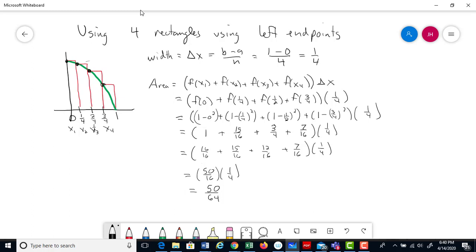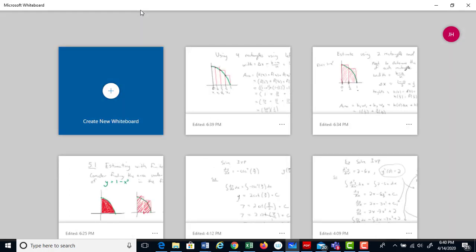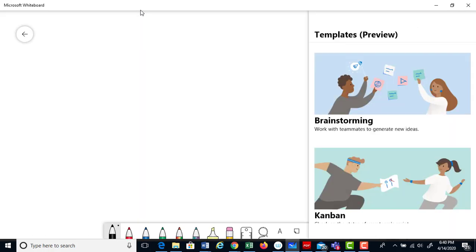So what I want to do now is use right endpoints. As opposed to using left endpoints, let's use right endpoints. So I'm just going to go straight to 4 rectangles using right endpoints.